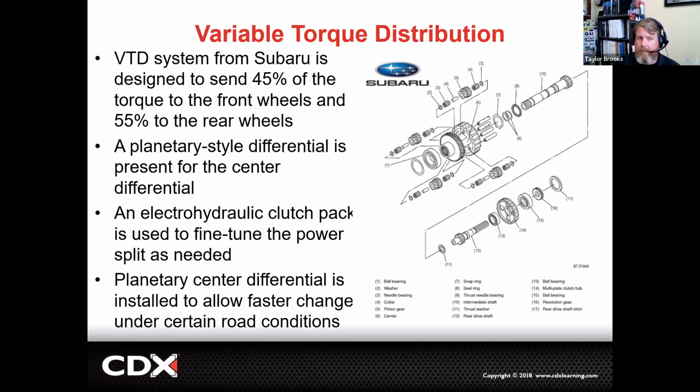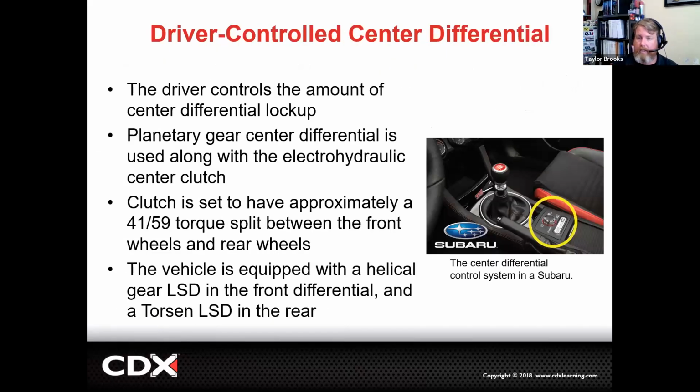We're able to do this and send torque as equal as possible. A lot of these systems are 45% to the front, 55% to the rear. But in some applications, we can limit that, and we'll actually have a switch in the center console, right behind the shifter, with which we can request that the transaxle select how the four-wheel drive or all-wheel drive system will react.